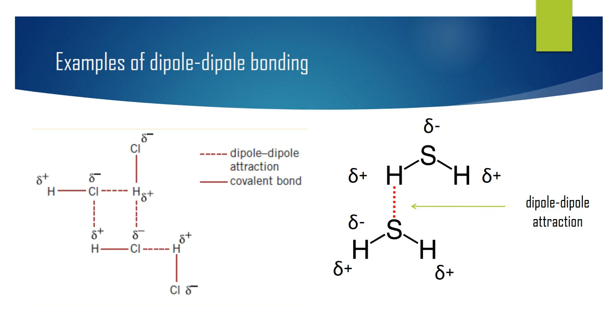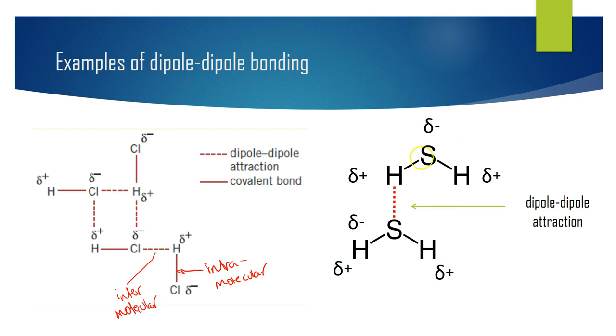Some examples of this are things like HCl. We can see these dashed lines always give us intermolecular interactions, and the strong lines are our intramolecular bonds, in this case our covalent bonds, and our dipole-dipole attractions.